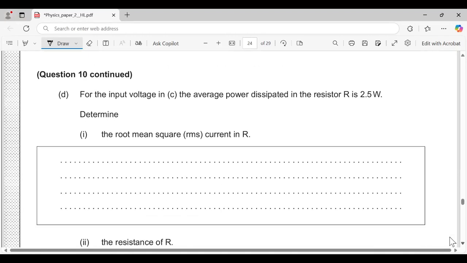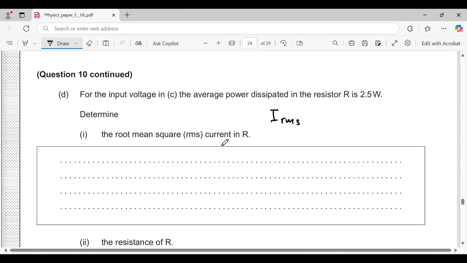For the input voltage in part C, the average power dissipated in the resistor R is 2.5 watts. Determine the root mean square (RMS) current in R. So we are going to determine I RMS, root mean square current.